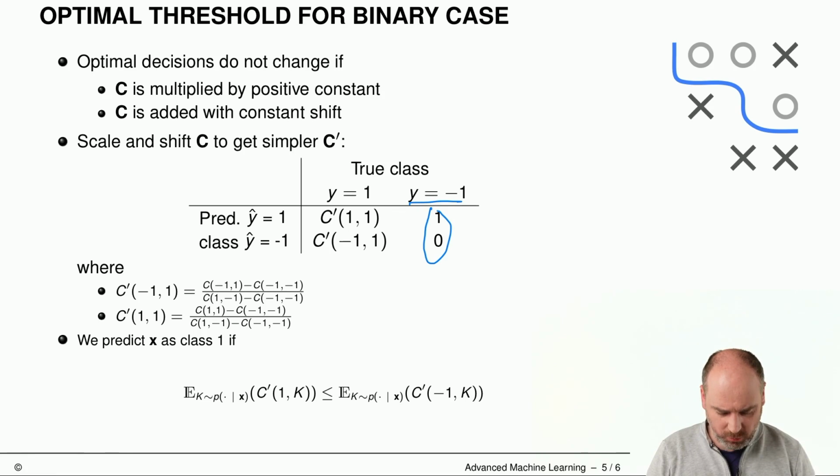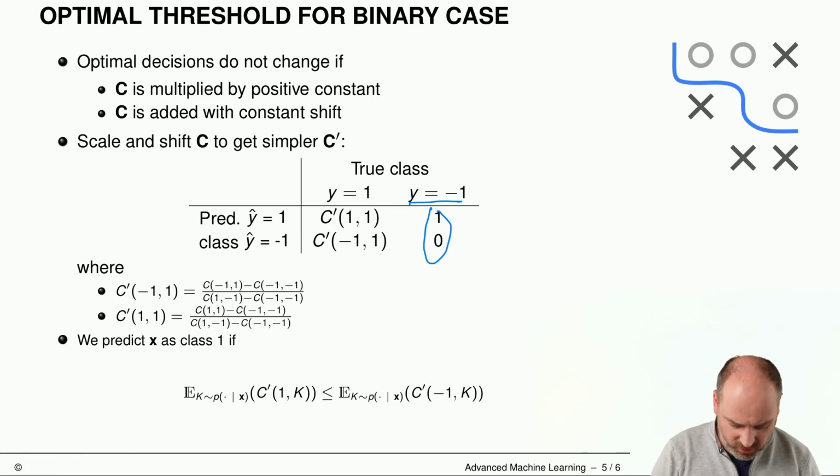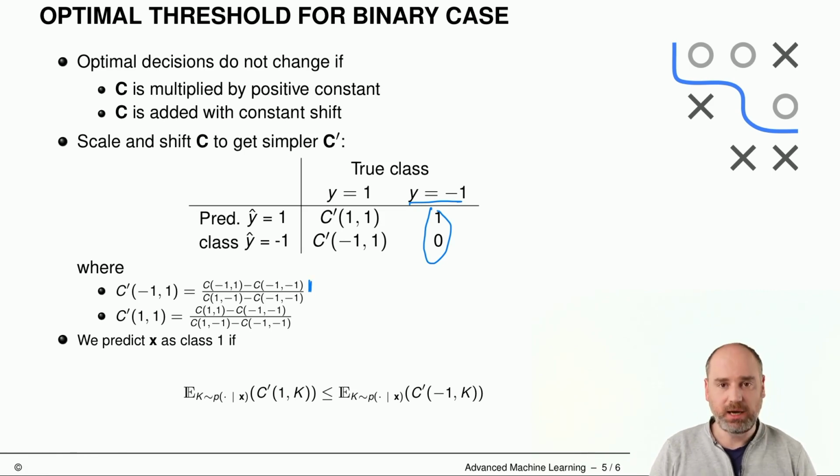So the first thing I will do is subtract from every entry of my cost matrix, I hope I can mark this here, the C -1, -1 entry. So this would be this guy here, that was originally in my cost matrix C. I will subtract that from every entry, and that obviously makes this guy 0. And now you can see this also in the formulas here.